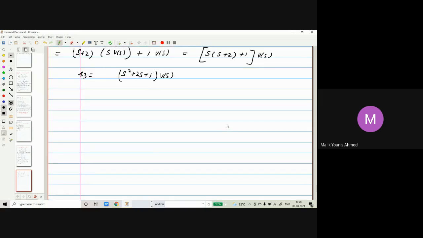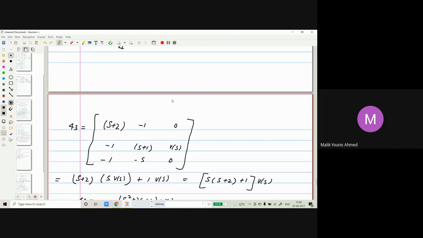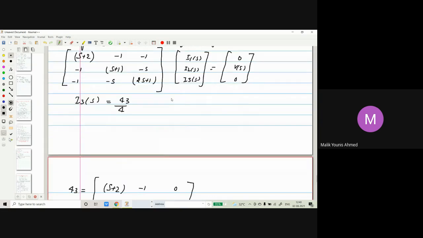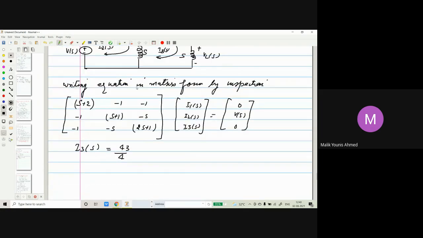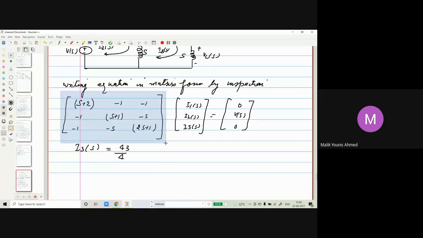Let's solve the delta. Delta is s plus 1, minus 1, minus 1, then second column is the same also. We'll copy this, this is your delta.